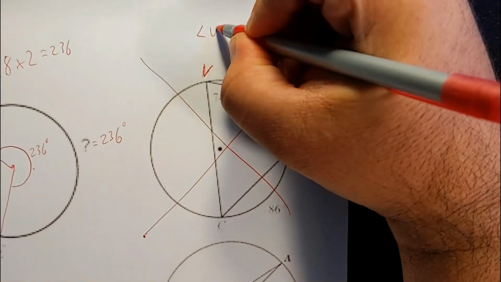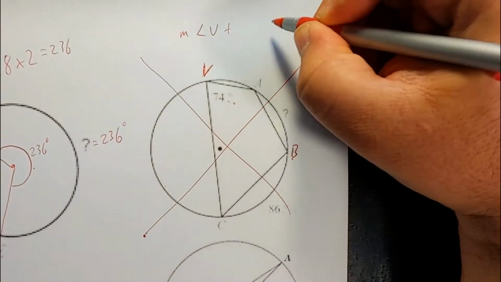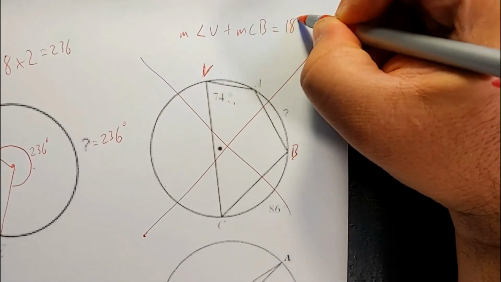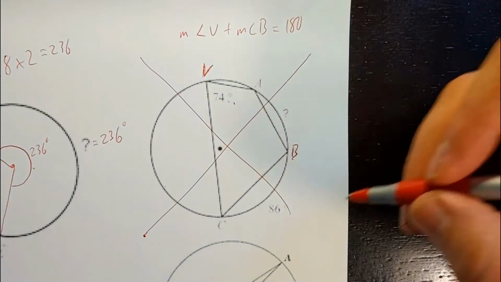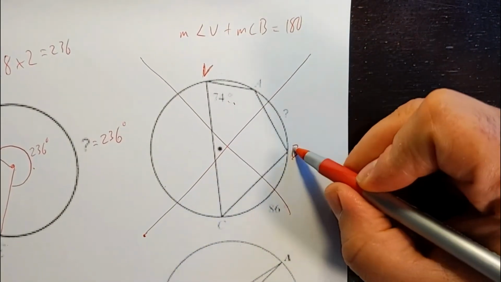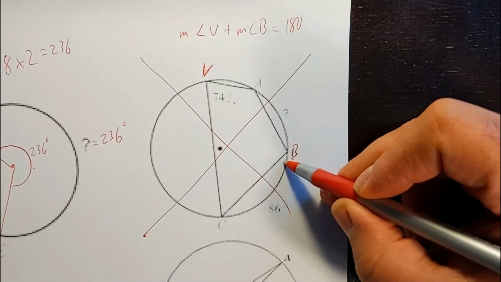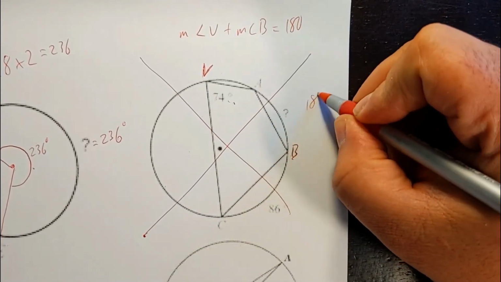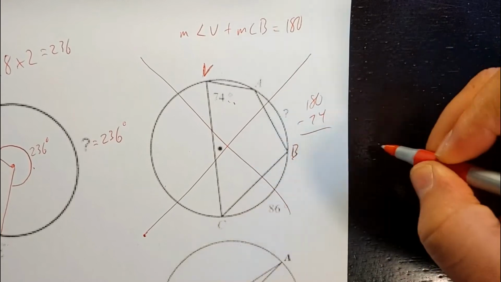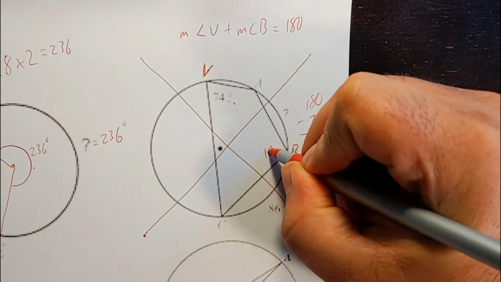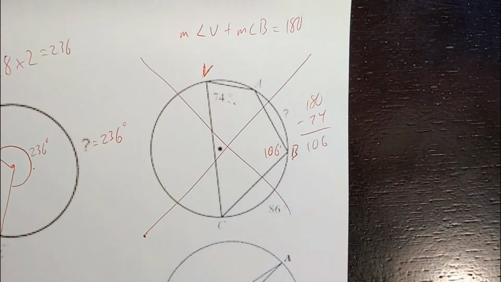That means that if you added angle V and angle B together, they would have to make 180 degrees. So if I gave you this 74, I'd be asking, if that's 74, what's angle B over here? And the way you would find it is you go 180 minus 74. And you get 106.